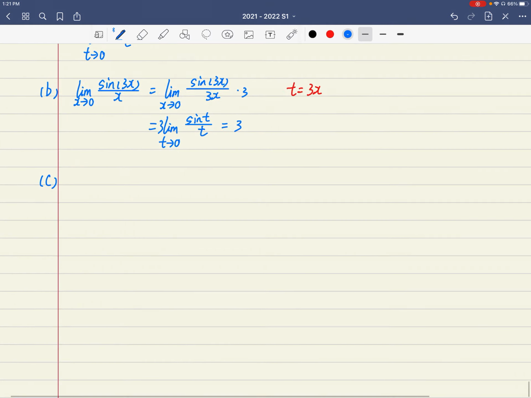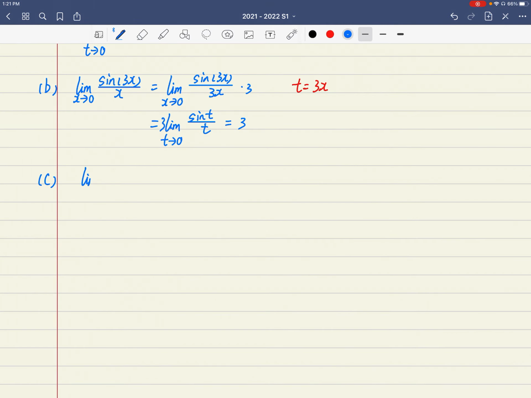So part C, it's the limit of sine x squared over sine x when x is approaching 0. For the top, sine x squared, you want to pair it with x squared, right? So you can put an x squared on the bottom, so it's sine x squared over x squared.